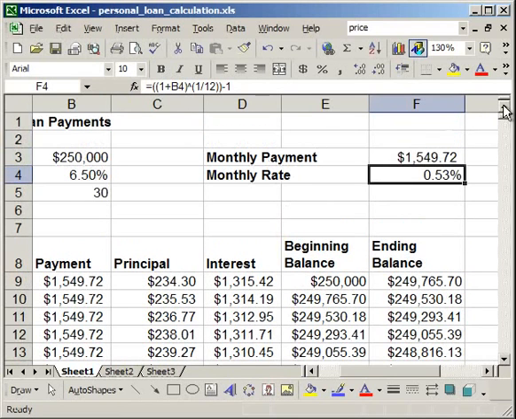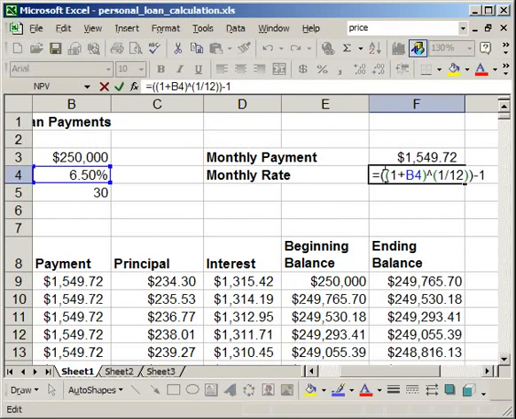For the monthly rate cell, what you want to do is 1 plus the yearly interest rate raised to the power of, that's a little caret there, 1 divided by the number of periods you want to do the interest rate for. Here it's 12 for 12 months, and then you want to minus all of that by 1.